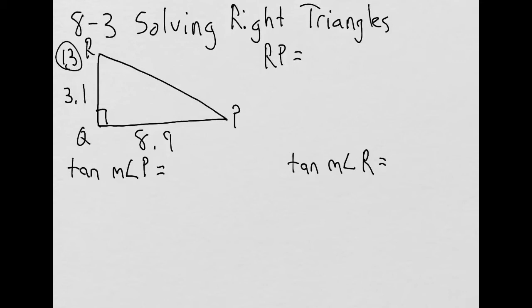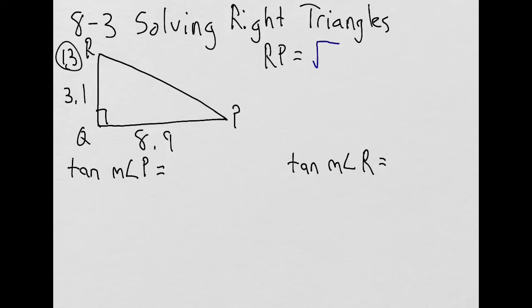So let's start off with the easier of them. Let's do the side first. We need to find this side right here, RP. That should be pretty straightforward because we already know two of the sides, the 3.1 and the 8.9. And RP is opposite the right angle, so it's the hypotenuse. So all we need to do is use the Pythagorean theorem.